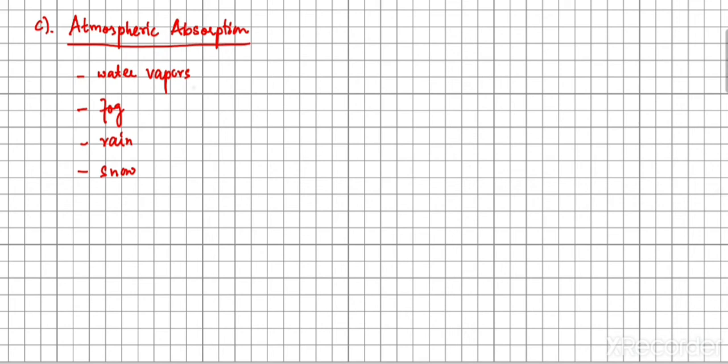All these factors lead to some additional propagation loss on top of the path loss that we have discussed already. This attenuation is typically expressed in terms of the loss per unit distance. The atmosphere will be characterized as, for instance, 0.1 dB per kilometer.